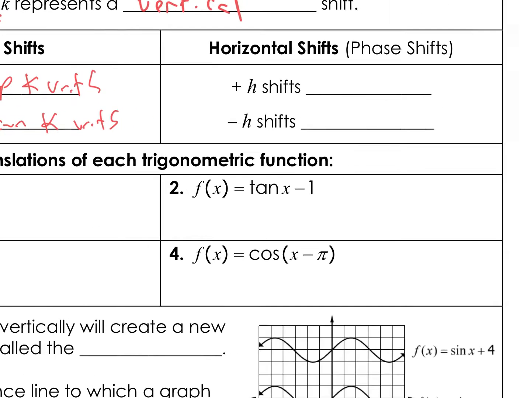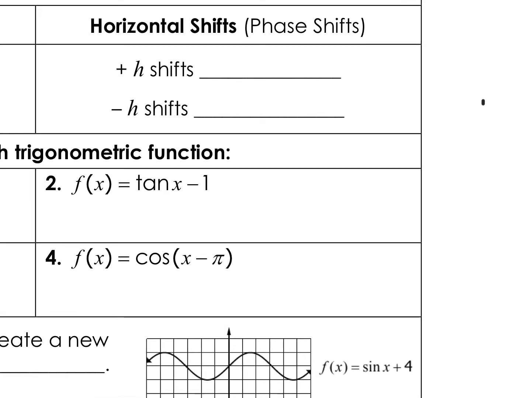Now, if you see a plus H, a positive 4, let's say, then we know the trig function shifts, wait for it, not to the right, but left H units.